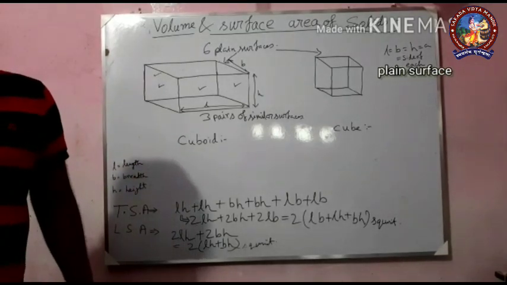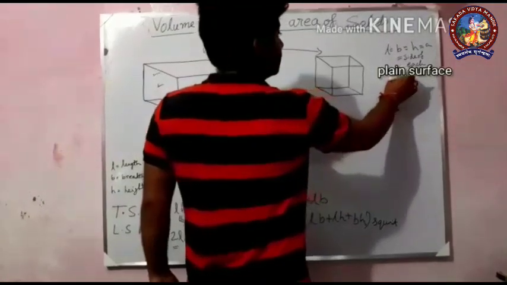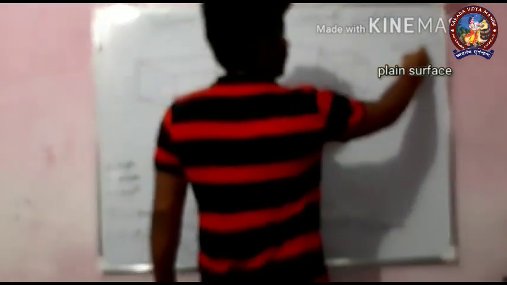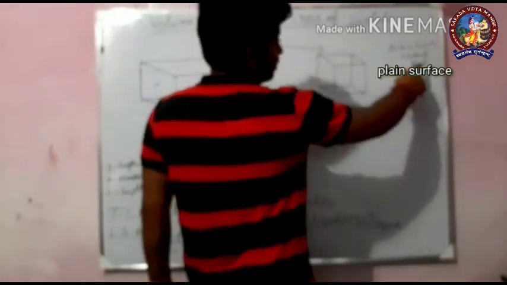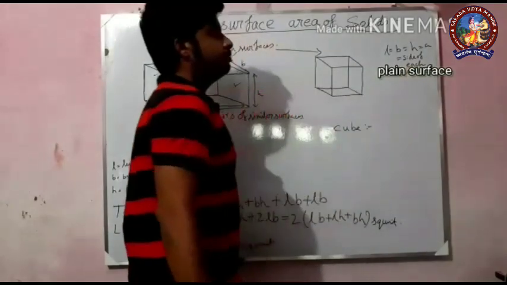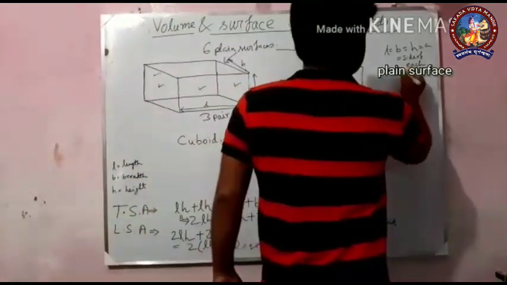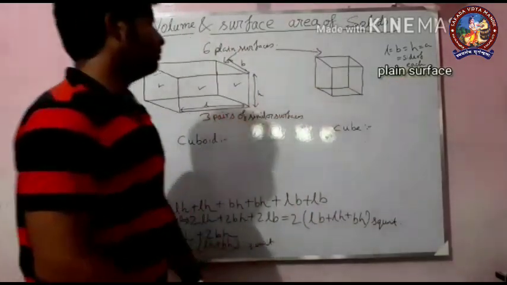Now for the case of a cube, here I have mentioned, see, the length, breadth and height will all be the same, equal to A, the side of each plane surface.